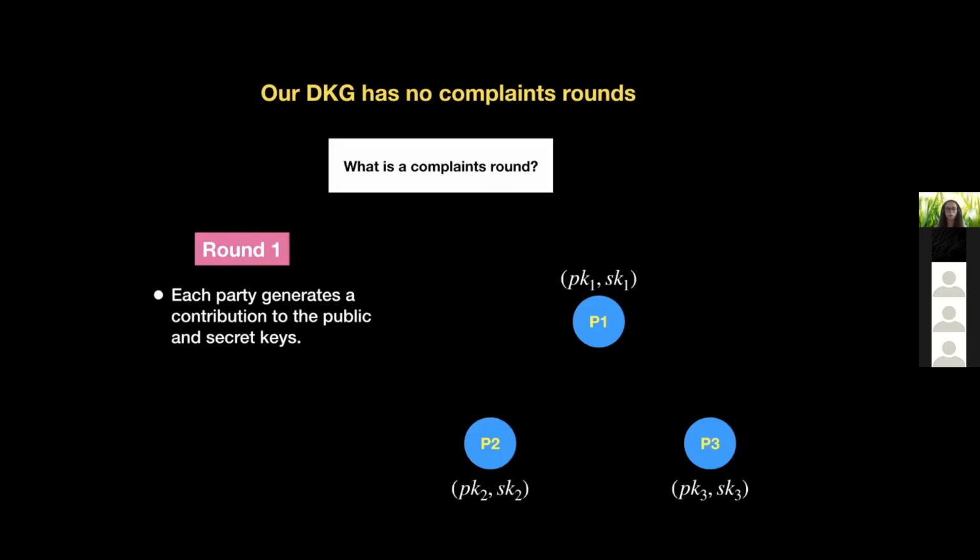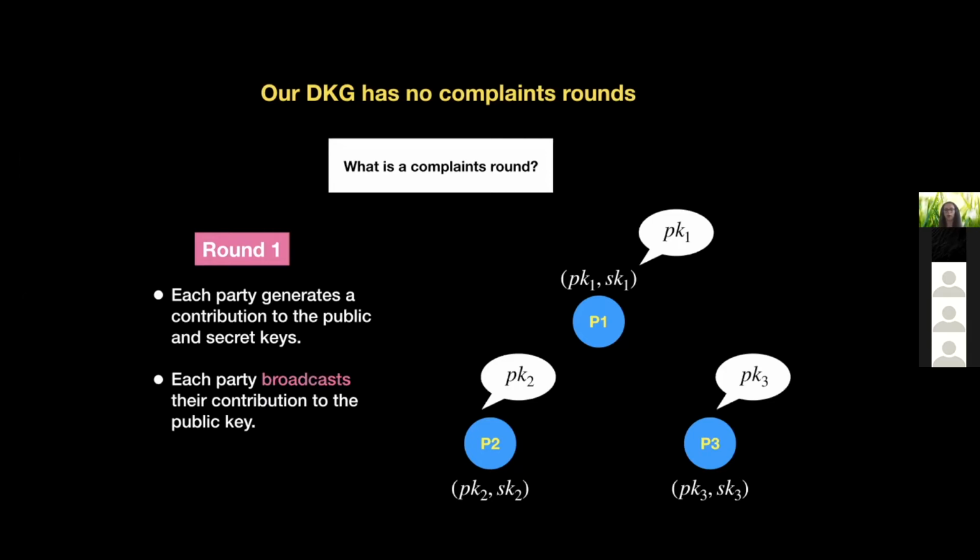This is not what would typically be done for previous schemes in the literature. In particular, if you're talking about, for example, the PVSS DKG or the Gennaro et al. DKG, you would have a complaints round. This basically means that in the first round, everybody generates their contribution to the final public and secret keys. Then everybody broadcasts their contribution to the public key.